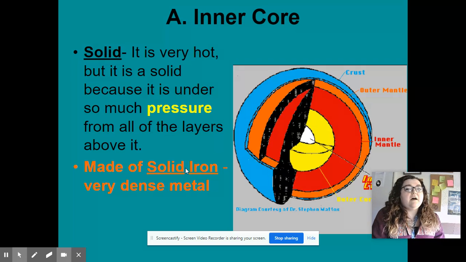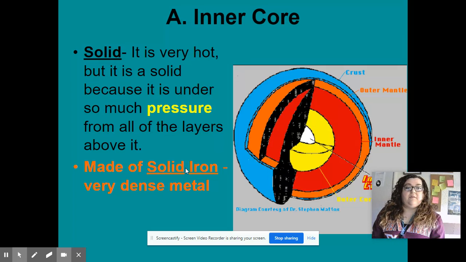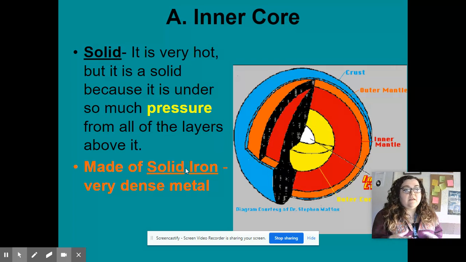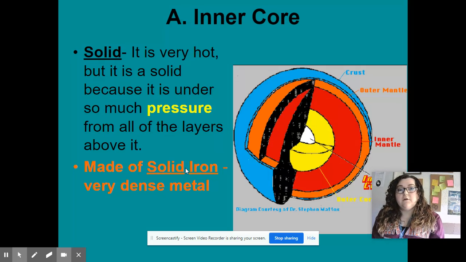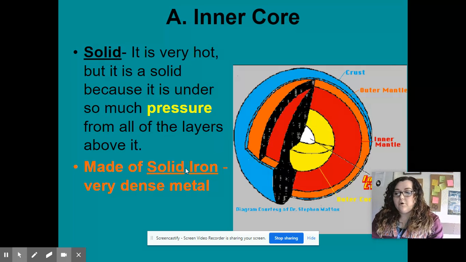It's very hot, but it's only a solid because of the pressure, not just the temperature. And we believe it is made of solid iron because iron is one of the most dense elements inside of our Earth. So all of that pressure would push it down to the center, and it would be a solid iron core. So those are your 2 blanks for A right there. Inner core solid, and then made of solid iron.